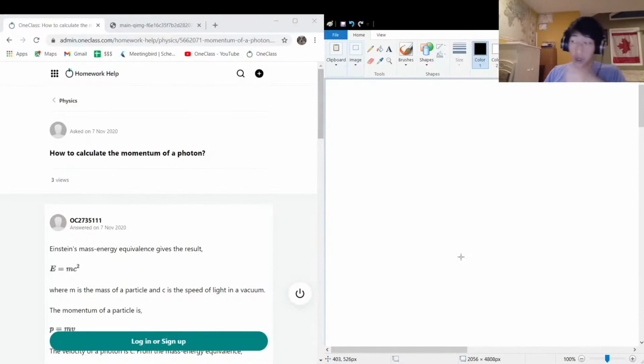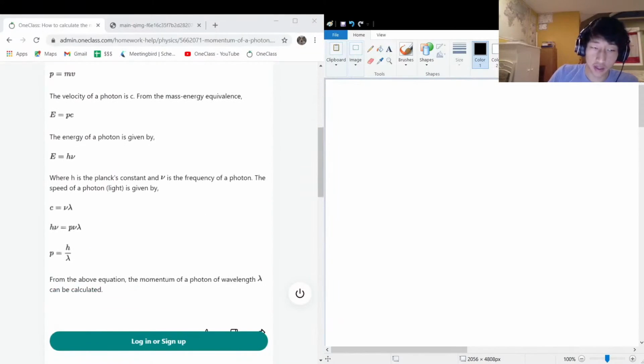Okay, so the next question that we got on the menu today is how do we calculate the momentum of a photon? The short answer is that it is really just this equation.